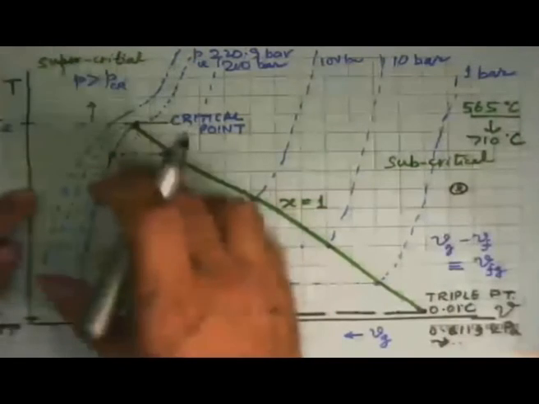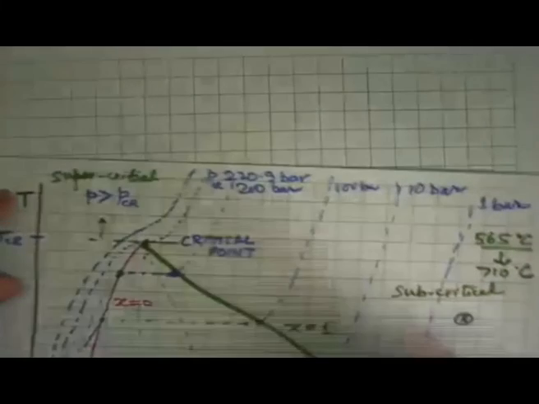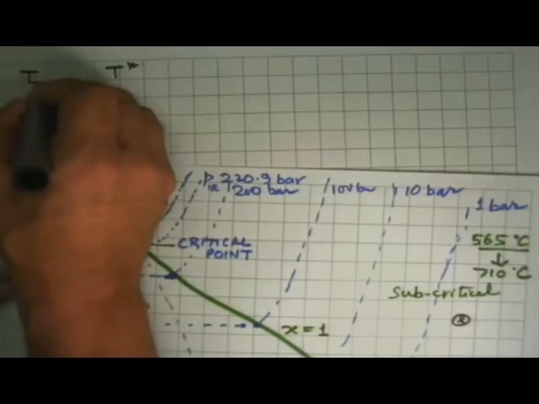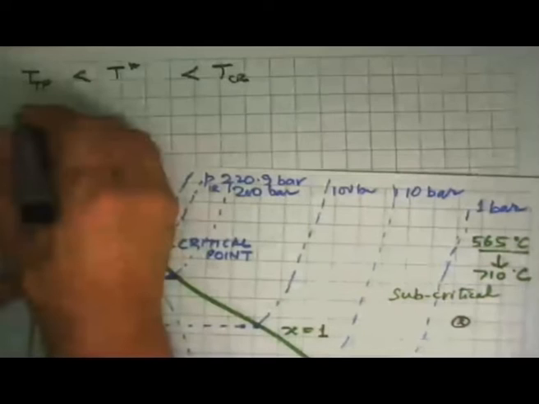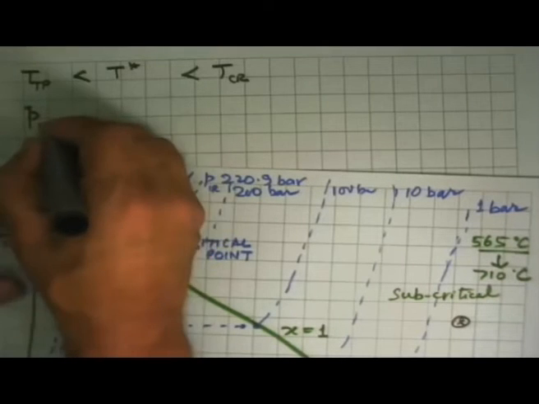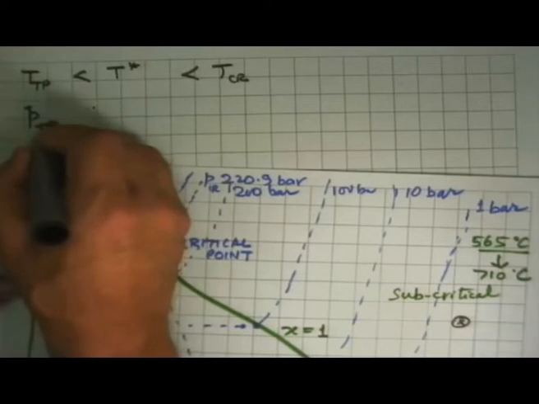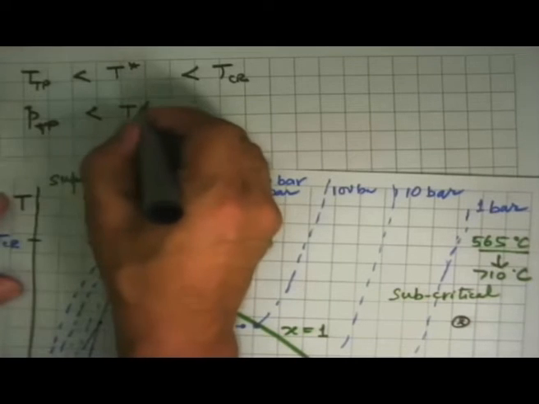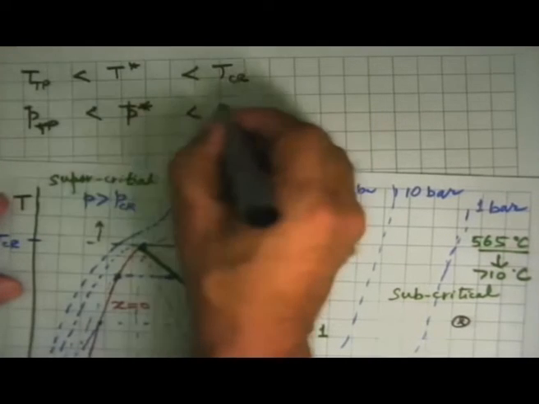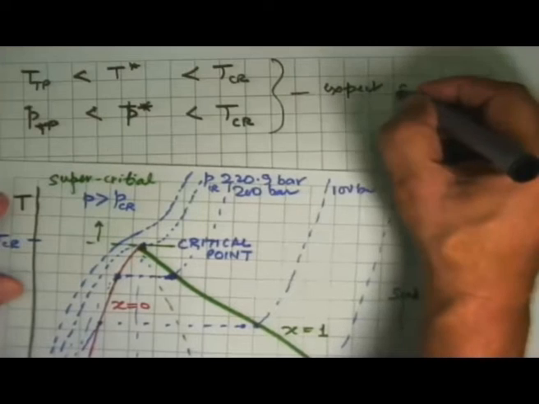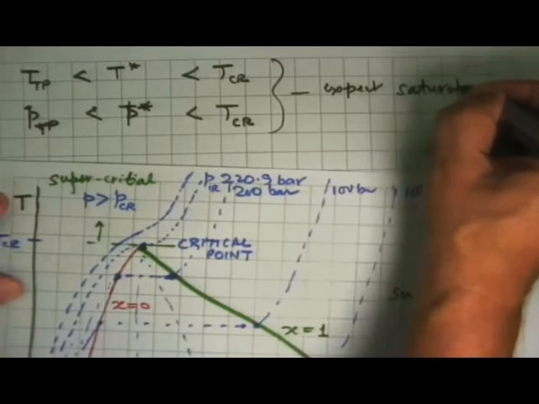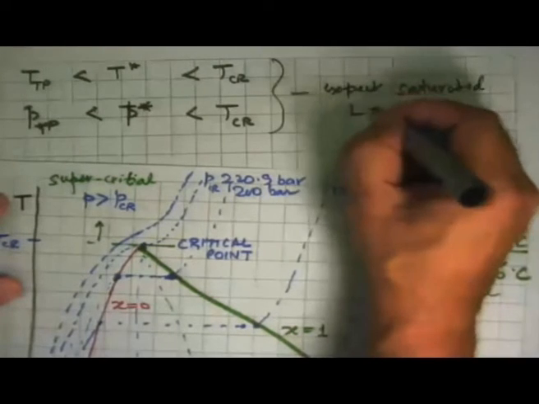But if the given temperature is between the triple point and critical point temperatures, and the given pressure is between the triple point and critical point pressures, then we can expect a saturated state to be formed, a saturated liquid plus vapor state.